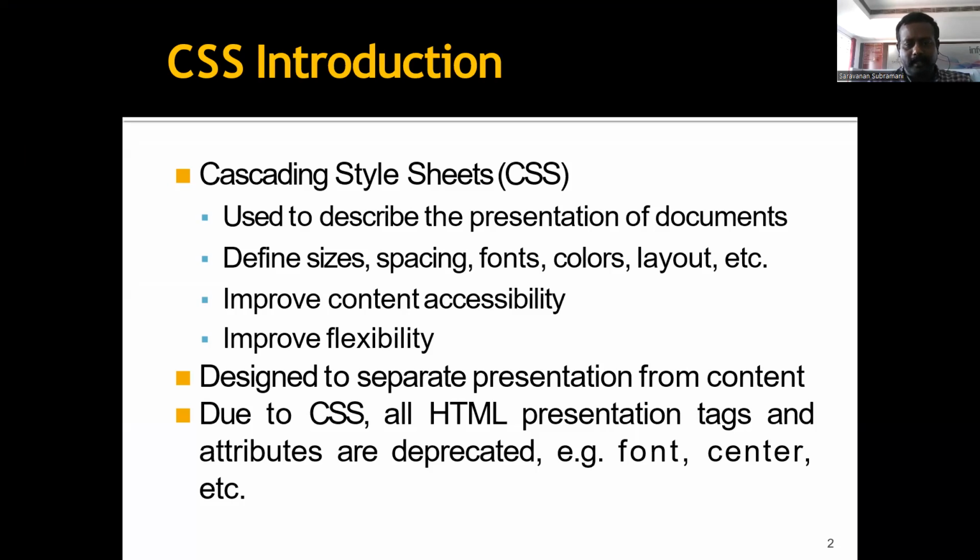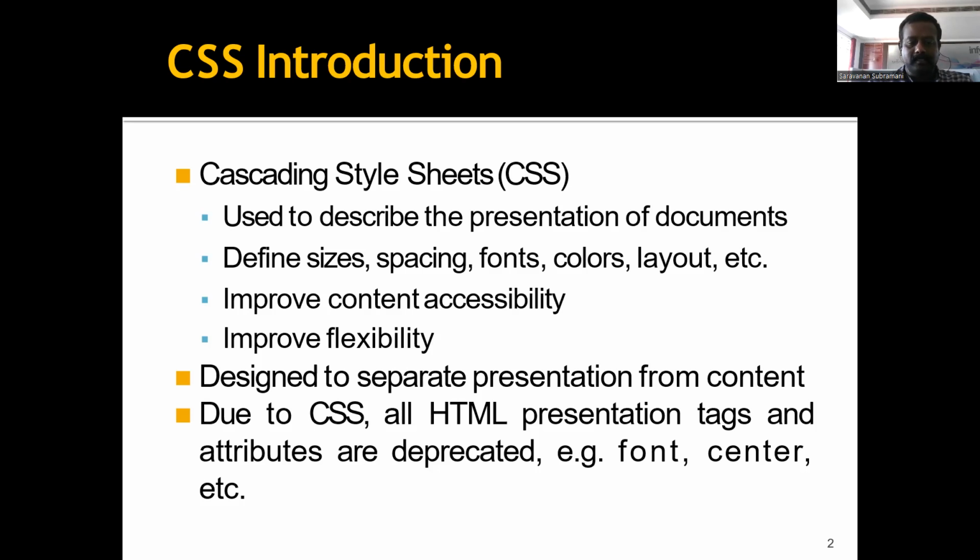To improve the content accessibility of the web page, we must use cascading style sheets, as they improve the flexibility of web pages for making menus, submenus, sliding windows and so on. CSS plays a major role. It is designed to separate the presentation from content.